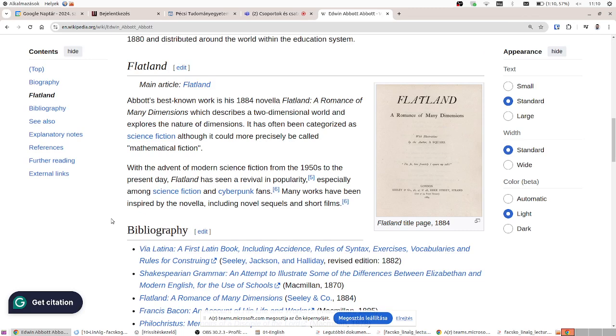I draw 3 perpendicular axes here: X, Y, Z. This is a projection from 3D to 2D, so it should be perpendicular, but it isn't. Y, Z is also perpendicular, and X and Z are also perpendicular.